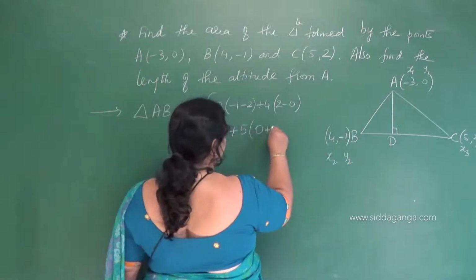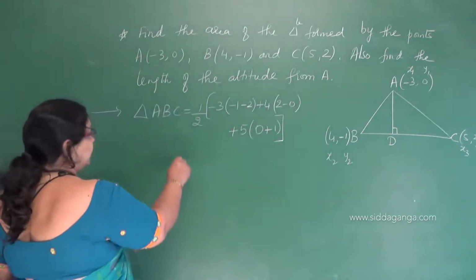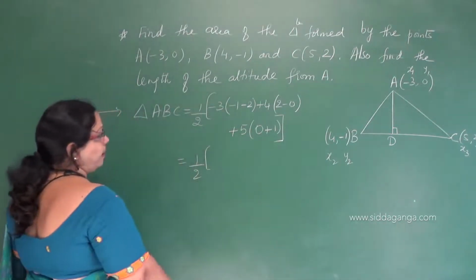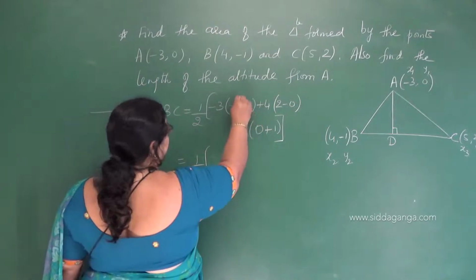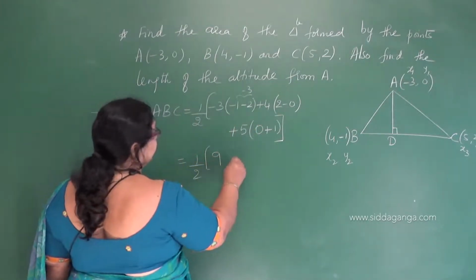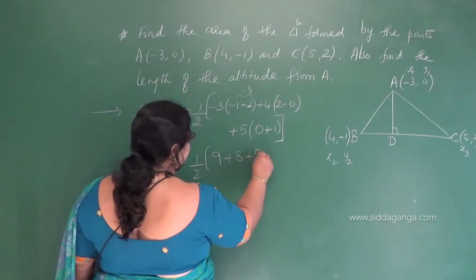Since y2 is negative, it becomes positive. Close the bracket. That is equal to half of, see, minus 1 minus 2 is minus 3, minus into minus plus 9, plus 4 2s are 8, and this is plus 5.